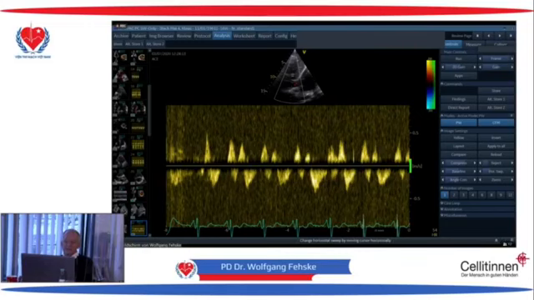You see a diastolic forward flow, and then after the P wave there is retrograde flow, and systolic there is still a forward flow. So we have a very severe tricuspid regurgitation due to restricted closing of the tricuspid valve due to an RCA infarction with a reduced cardiac output, but it is not completely decompensated right now.